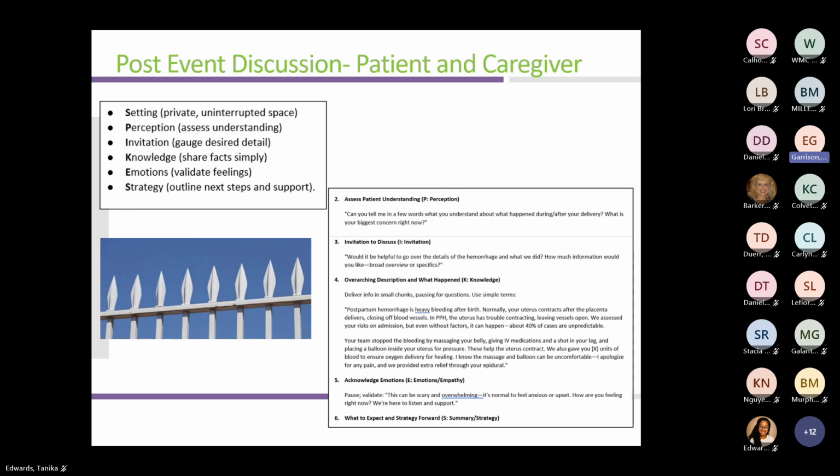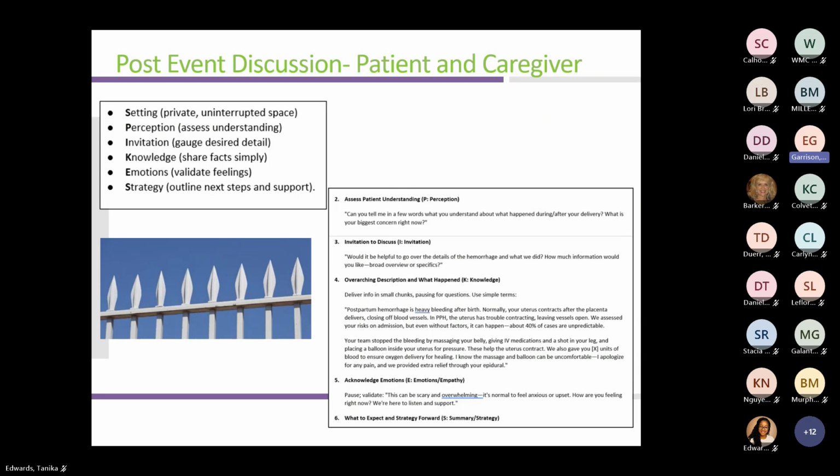So SPIKES stands for setting, having the discussion in a private place, a quiet, uninterrupted space. Perception, and that is your reminder to really assess the patient's understanding of what happened.